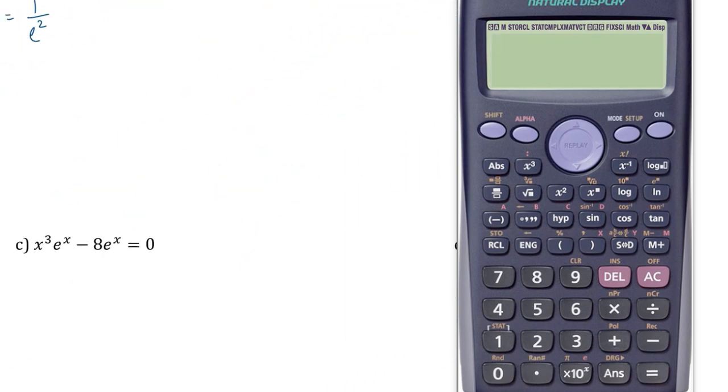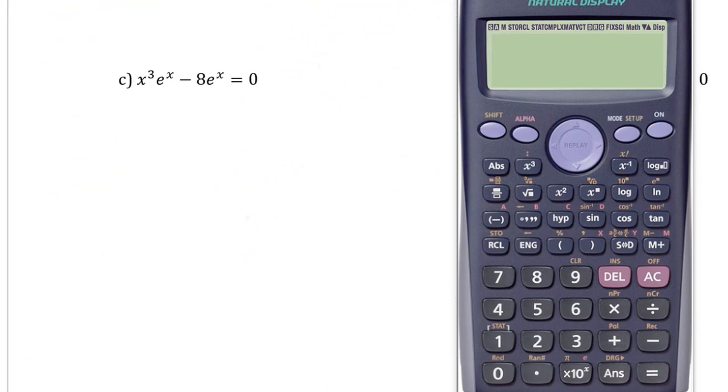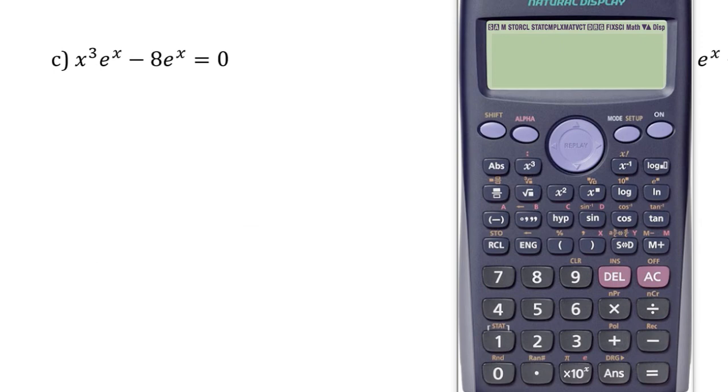All right, let's see, we got two more, and they're really cool little questions. I usually like to stop here and see if anybody knows what we can do to solve this question. So you can pause and think about it for a little bit if you want. But hopefully you noticed that I can common factor out an e to the x.